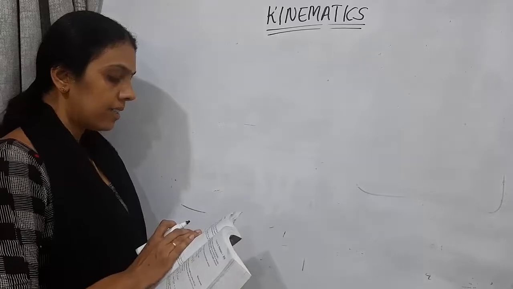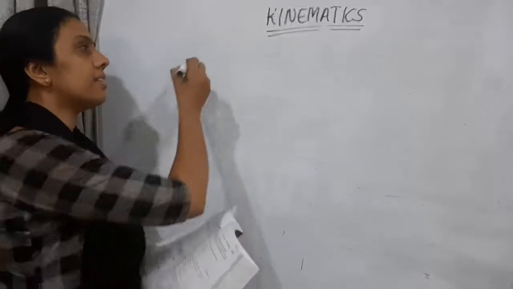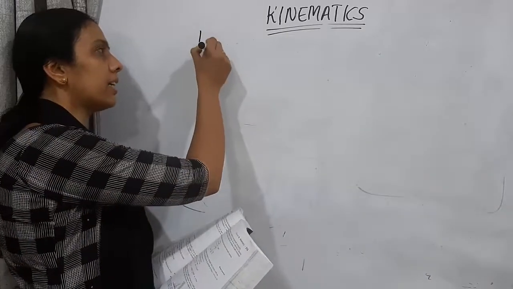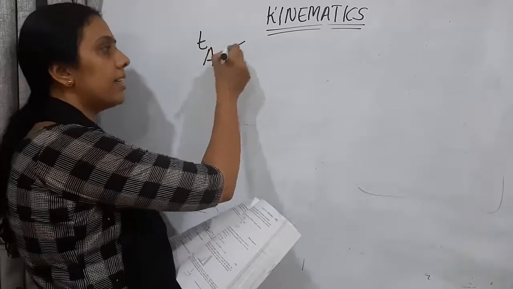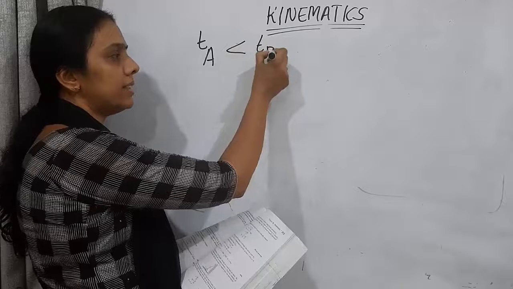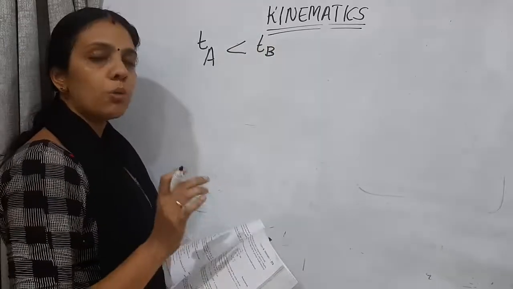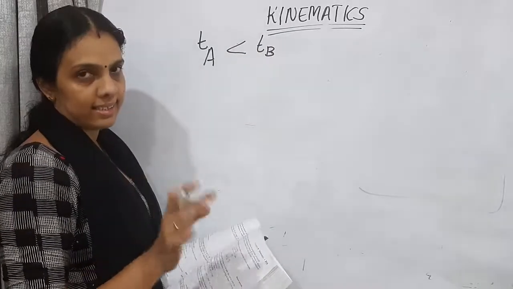Okay, so we are going to explain the question. In a car race, car A takes less time than the time taken by B. How much less? It is T less.